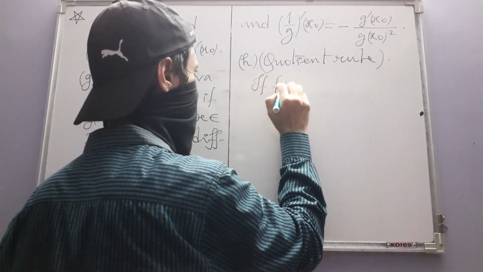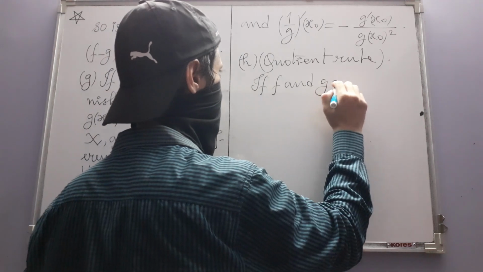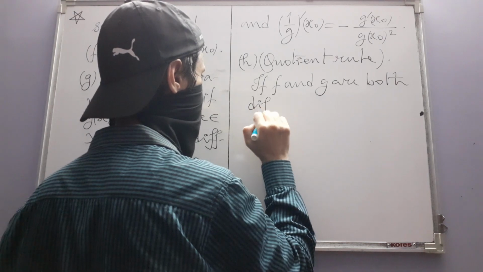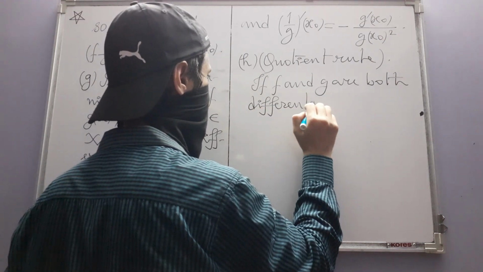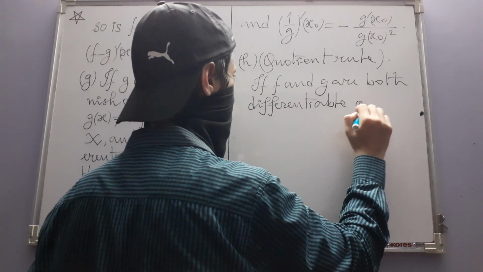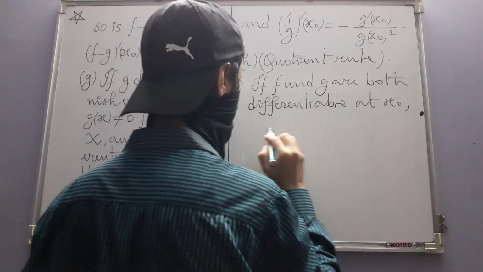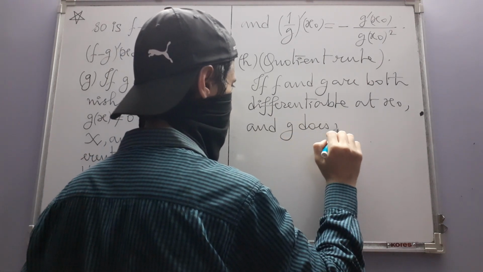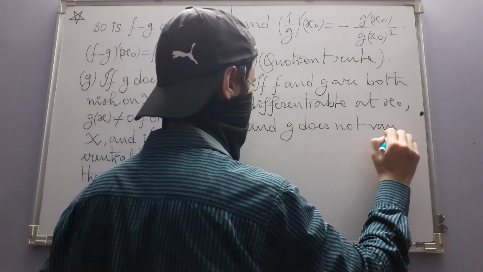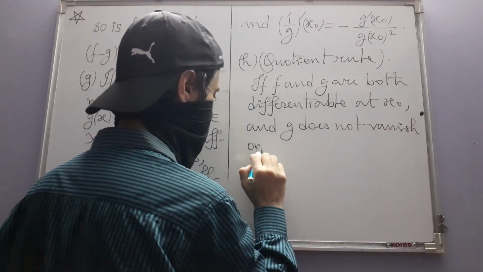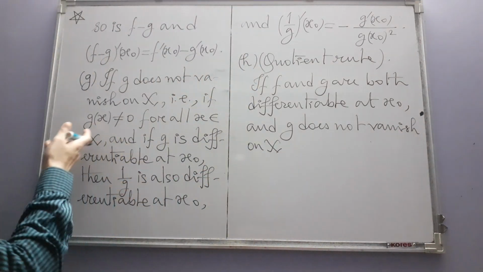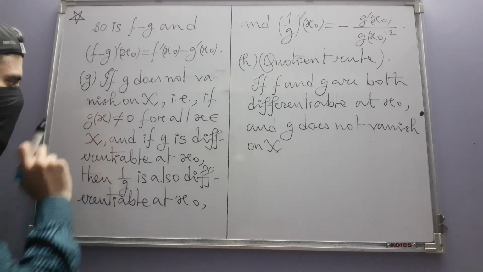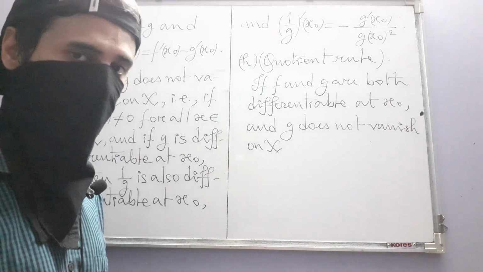If f and g are both differentiable at x naught and g does not vanish on X, which of course just means that no matter what point x you choose from X, you evaluate g at that point, you get a non-zero real number.